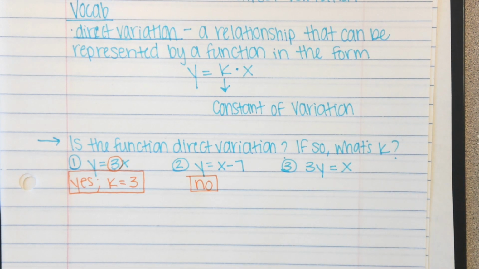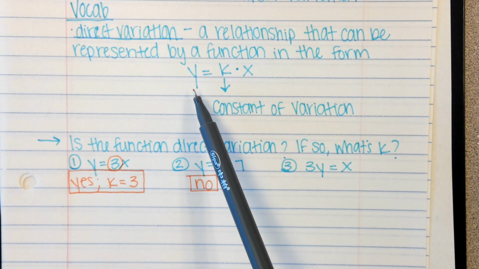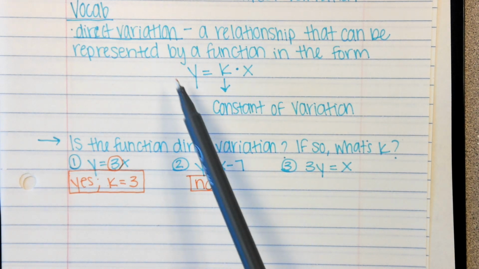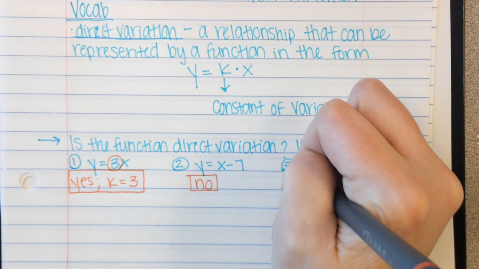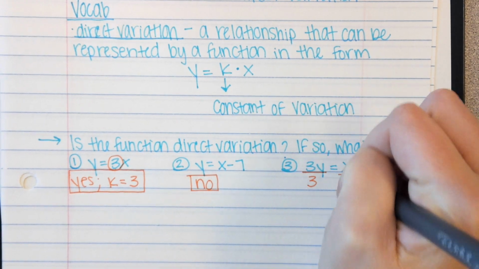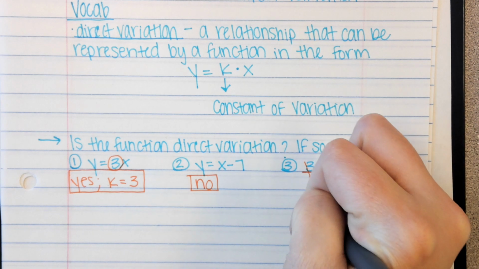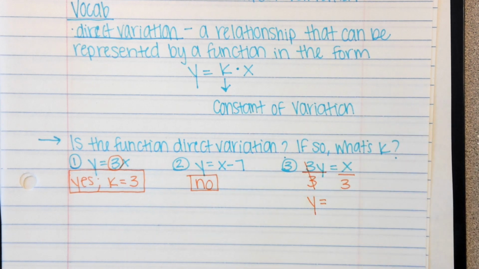Now, number 3 is just a little bit different. For it to be direct variation, the y has to be all by itself. So we need to get y all by itself. How can I do that? We can divide by 3. And if we do it to one side, we do it to the other side. So that's y equals.